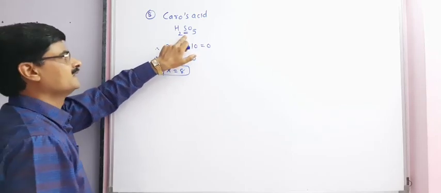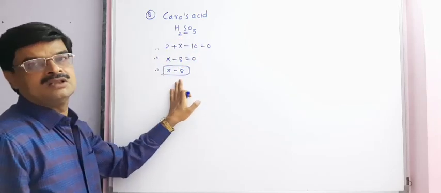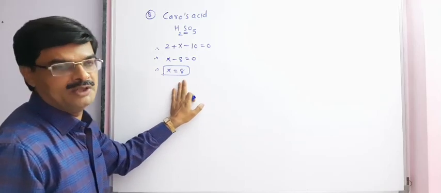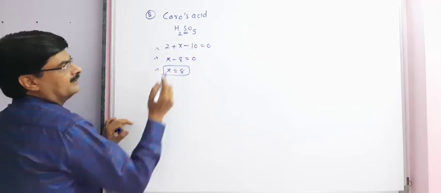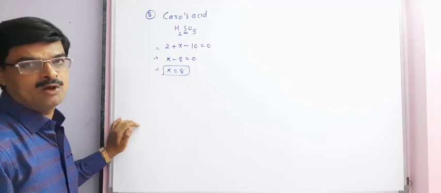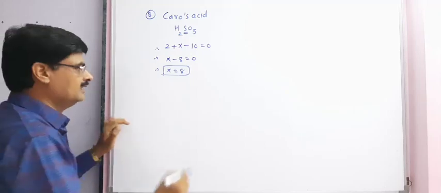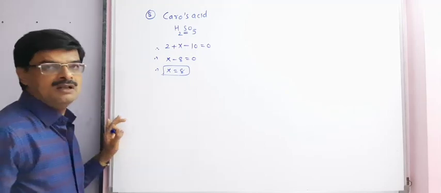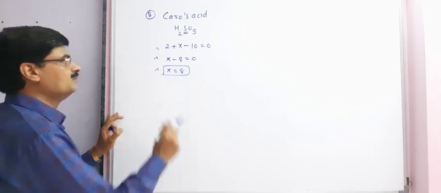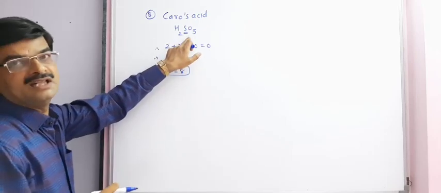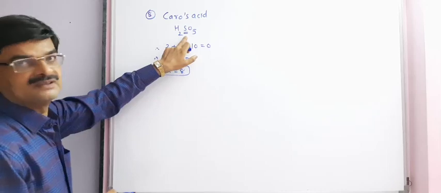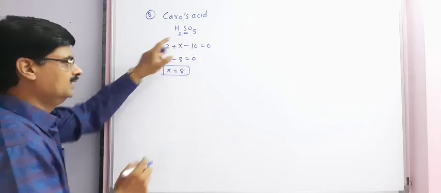So in this case, it is better if we draw the structure of H2SO5, or we have to consider the peroxy bond present in it. So this is a simple trick method by which we can find the real oxidation state of sulfur in H2SO5.